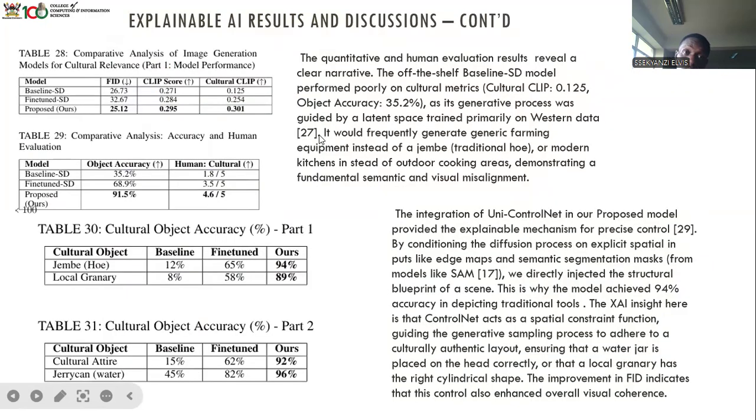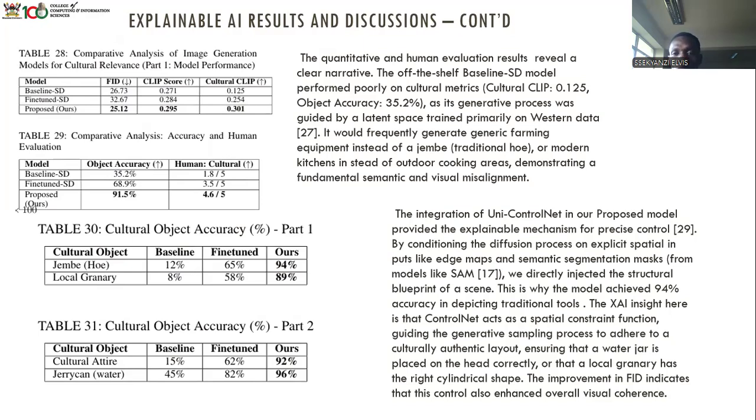Explainable AI results and discussions. As you see in the tables, the quantitative and human evaluation results reveal a clear narrative. The off-the-shelf baseline Stable Diffusion model performed poorly on culture metrics, CultureCLIP at 0.15 and accuracy of 35.2%.